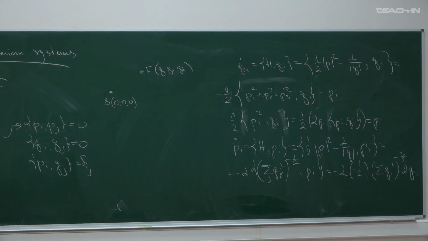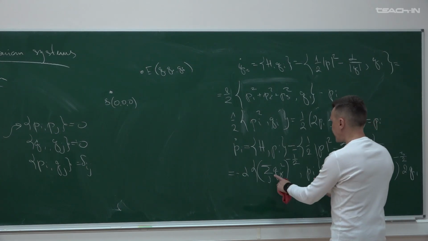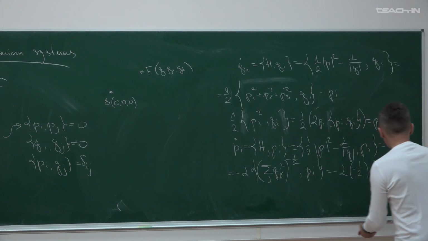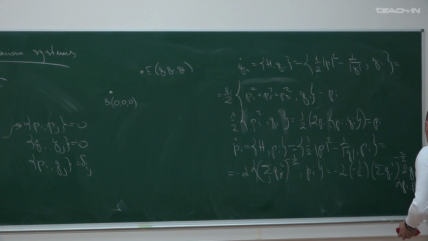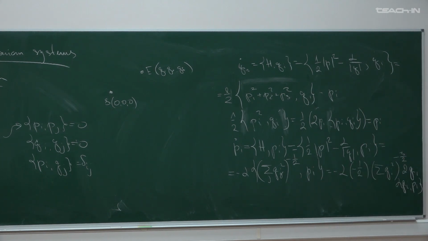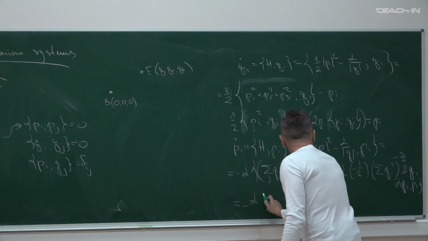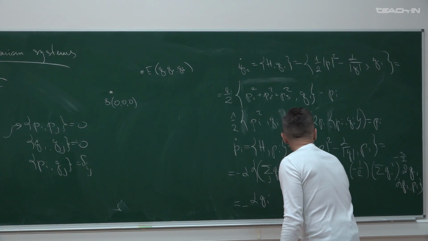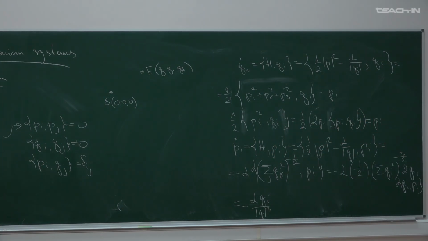With one mistake. I have chosen the wrong sign, because here I calculated. So it's better to write qi, pi. Okay, like this it will be correct. So like this, and it will be minus alpha qi, absolute value of q power 3.